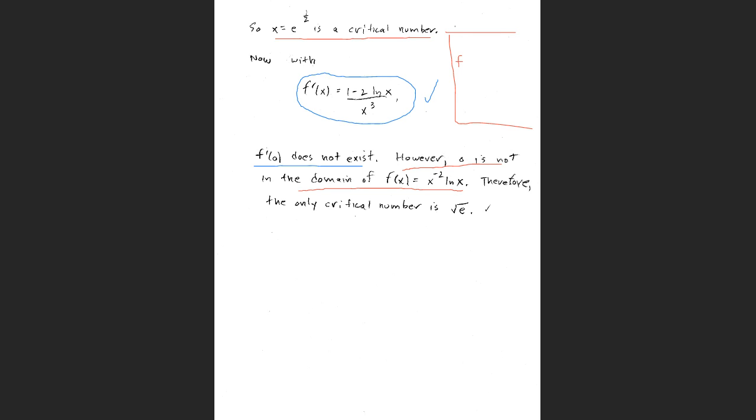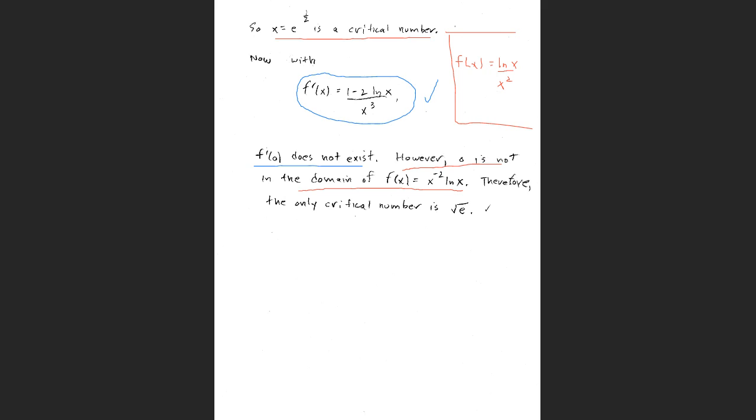So again, I can write the function as the log of x divided by x squared. And yes, the log of 0 is undefined, definitely. And also, you can't have 0 in the denominator as well.